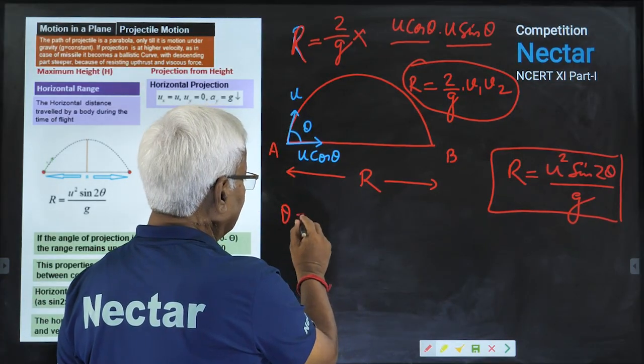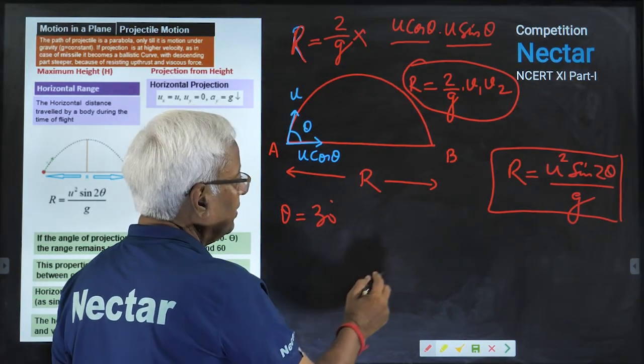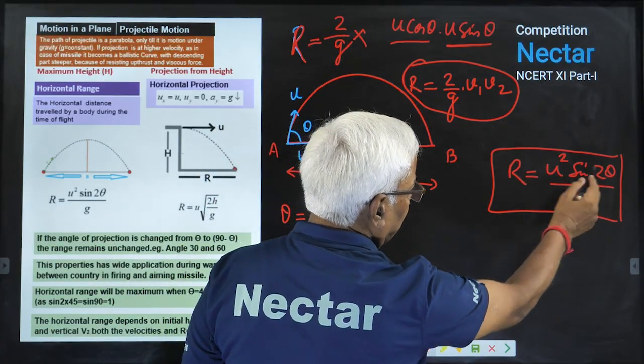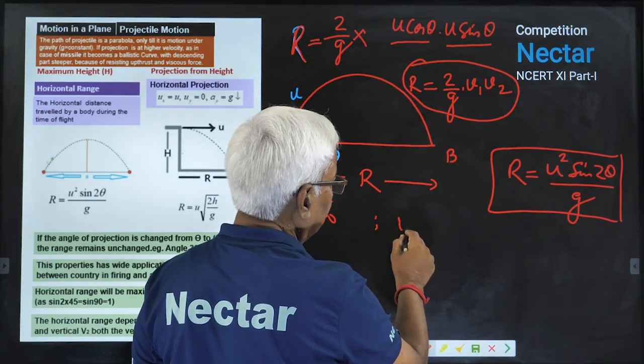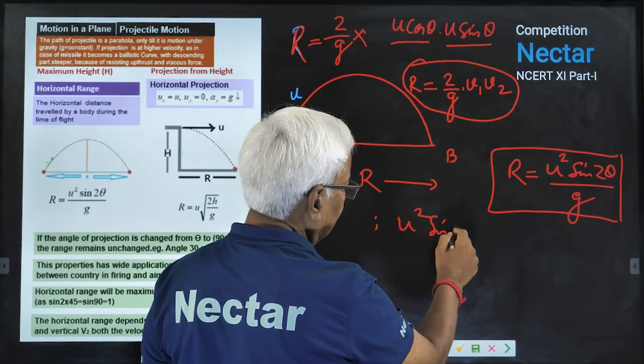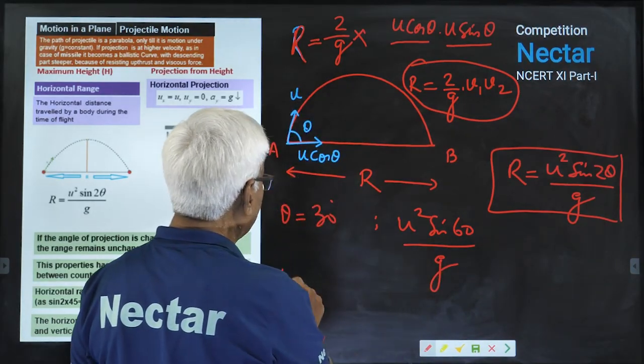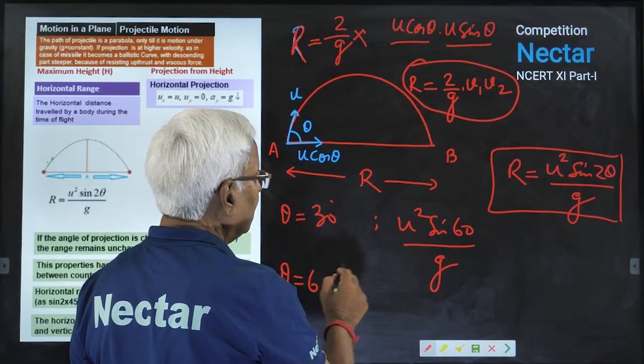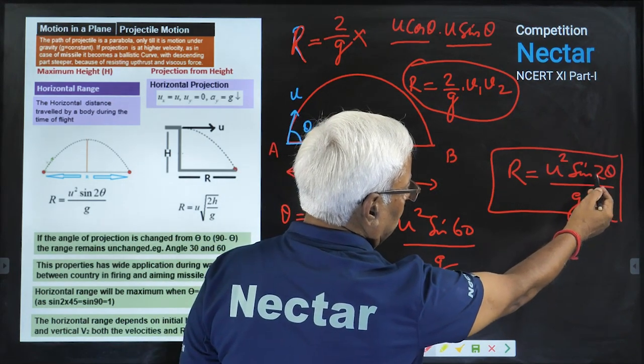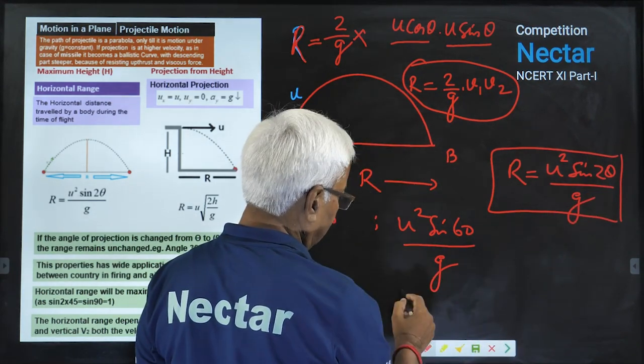Once you take the angle 30 degree, you put 30 degree here and you will find u square sine 60 upon g. Then you take angle 60 degree, here you will find sine 2 into 60, sine 120.